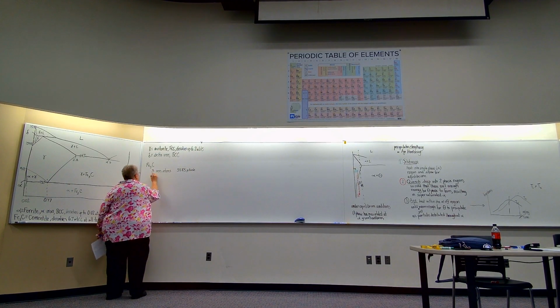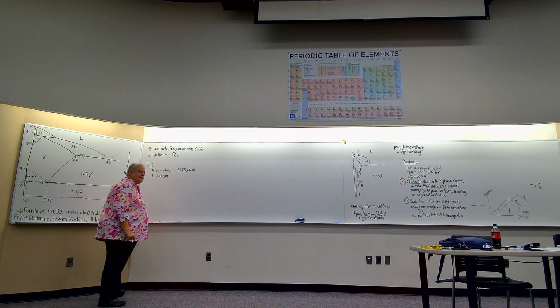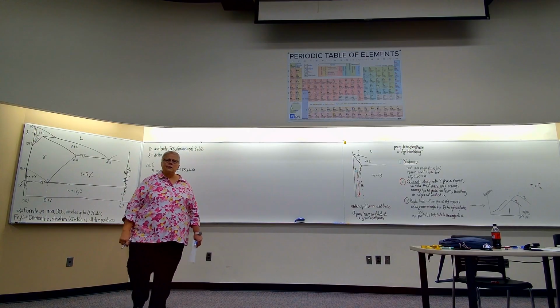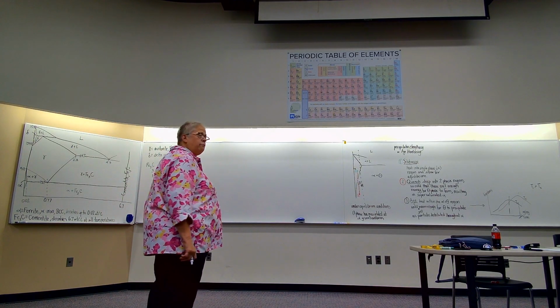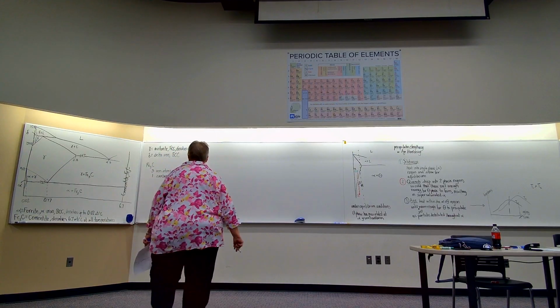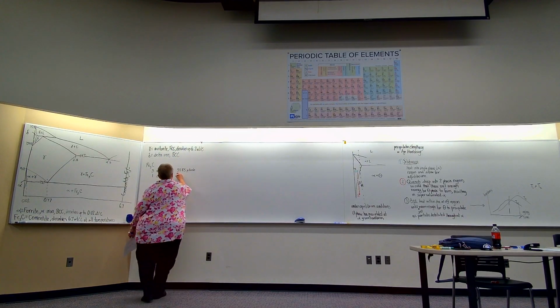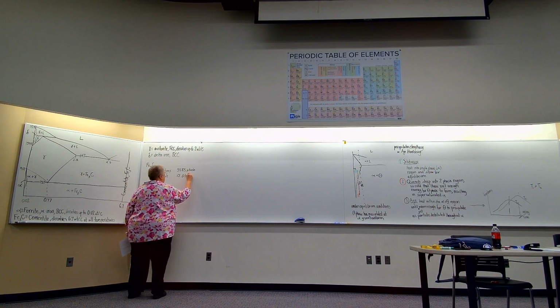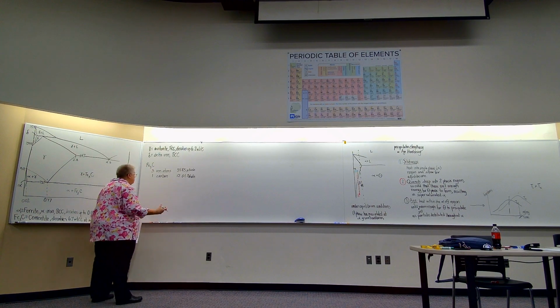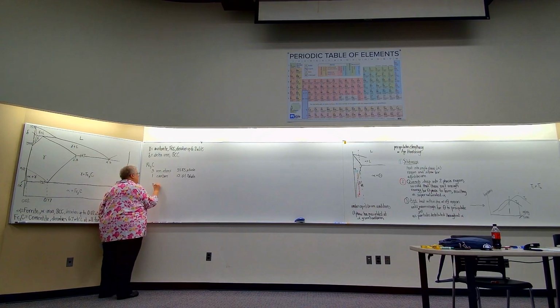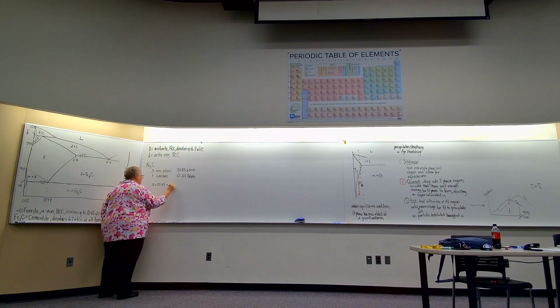And then it's got 1 carbon. What's the atomic weight of carbon? Can't think of it. It's number 6. 12.01. So one compound, one unit, would weigh 3 times 55.85 plus 12.01.